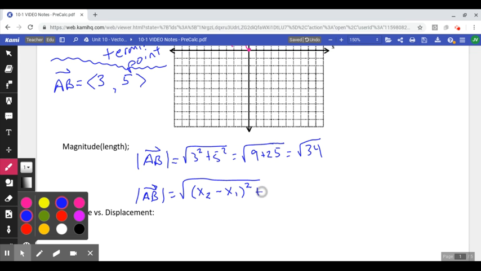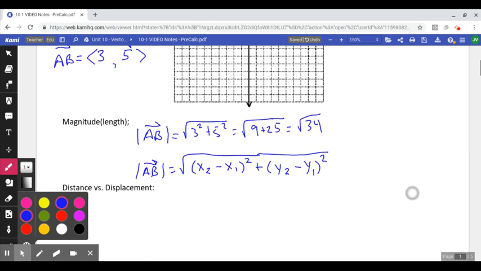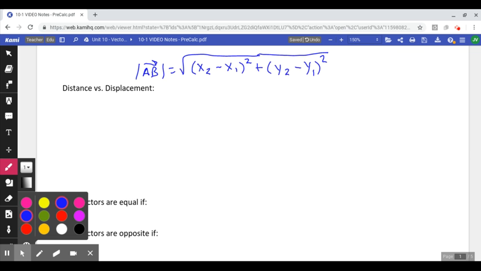And then we add the difference between the terminal point's y minus the initial point's y, squared, and then you can take the square root of that. So that's your formula, and to actually do this with our vector AB, that would of course be the square root of 34.